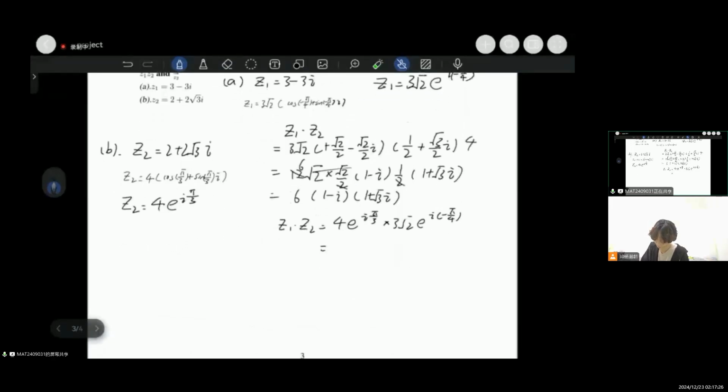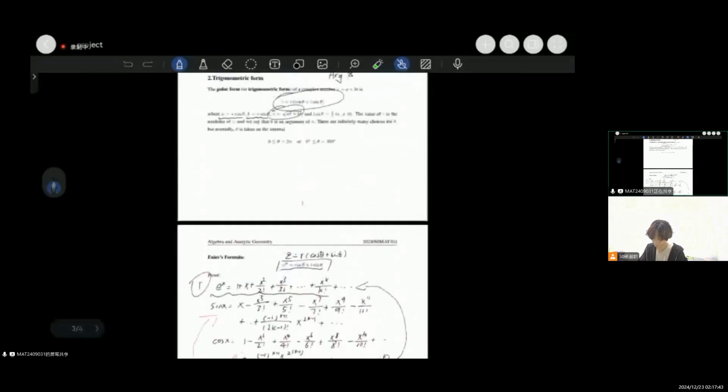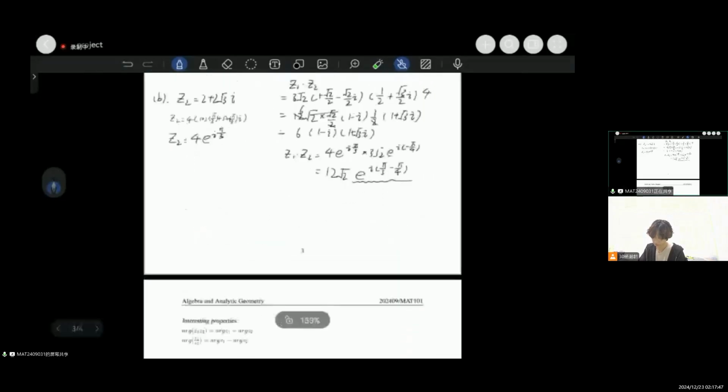So the answer is this, and we can turn this form using Euler's formula and get the final answer.